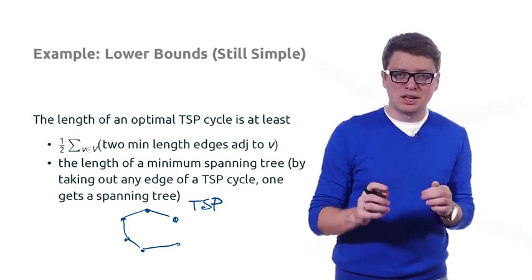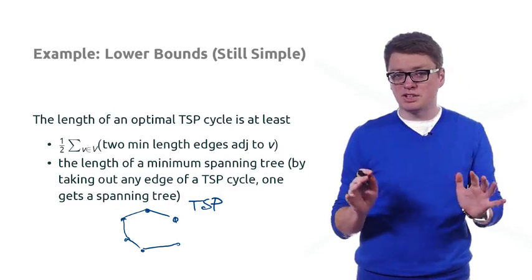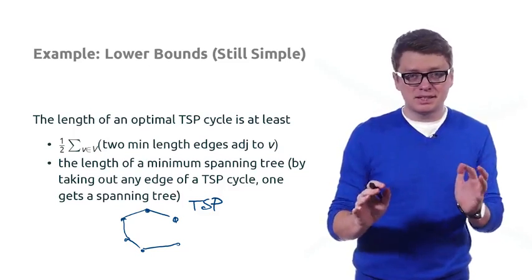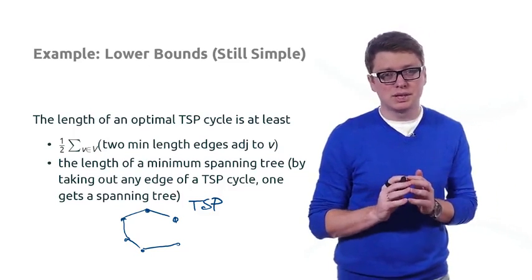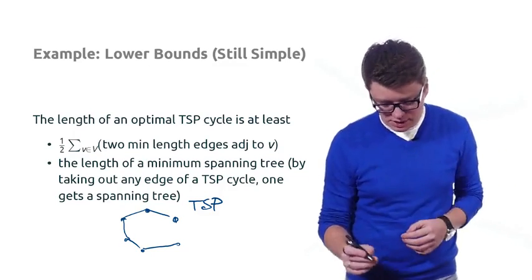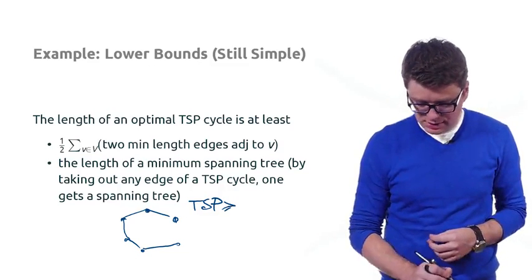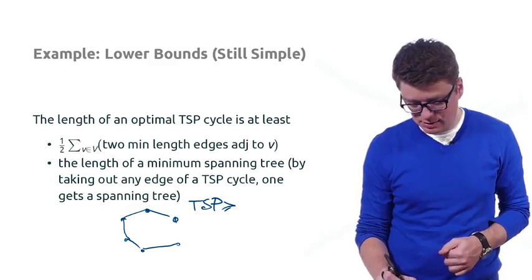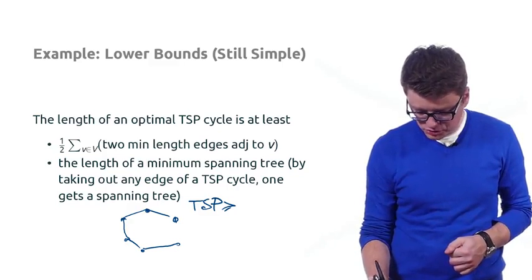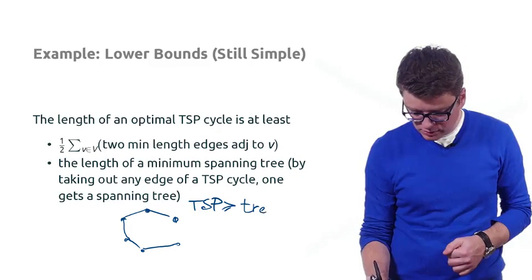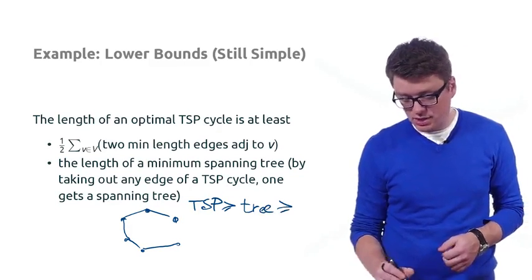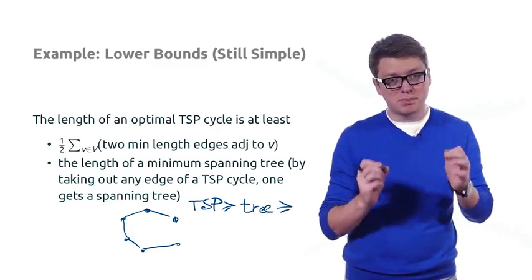Okay, so this is just a path, but this is a special case of a tree. It spans all the nodes and it has n-1 edges. So what we know is that TSP is at least the weight of this particular tree, right? And this is a spanning tree.